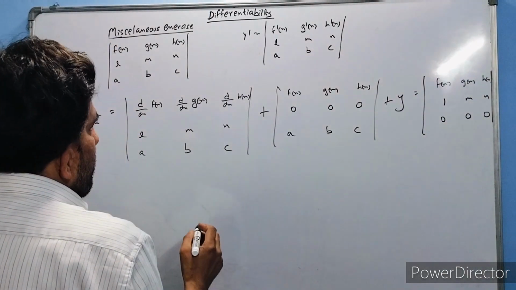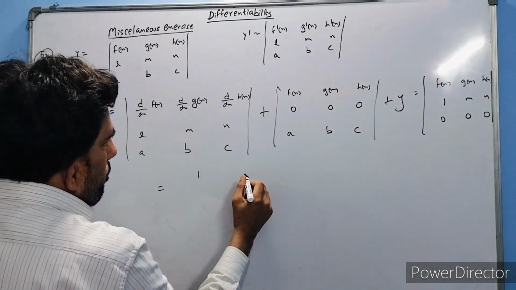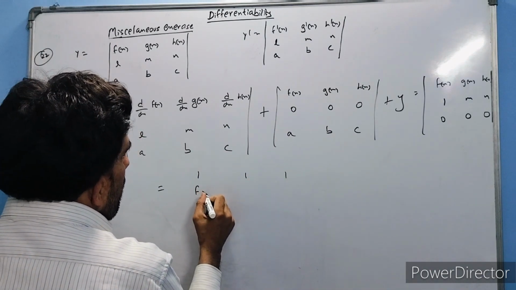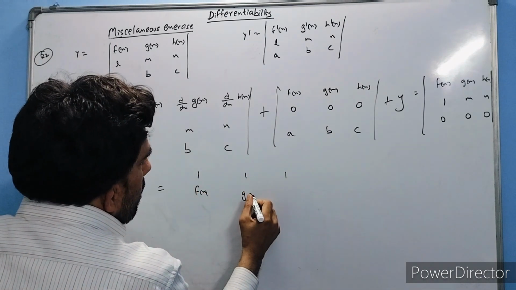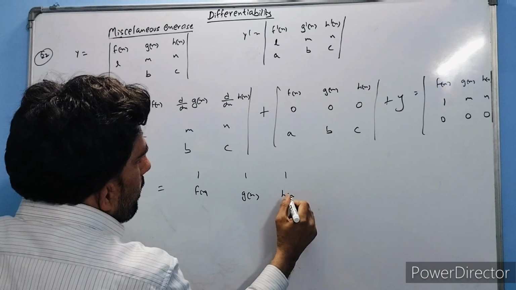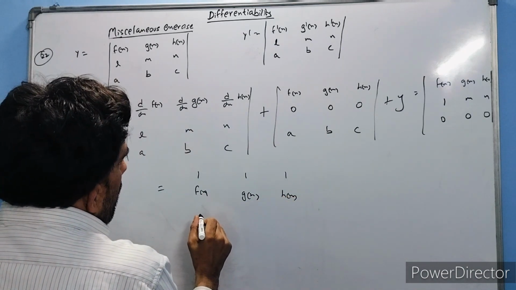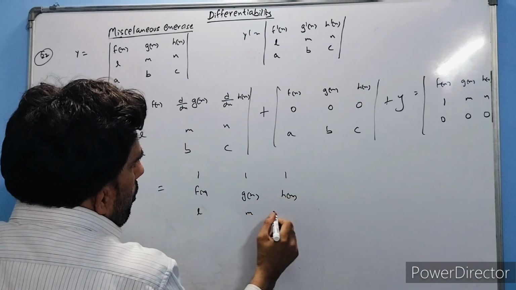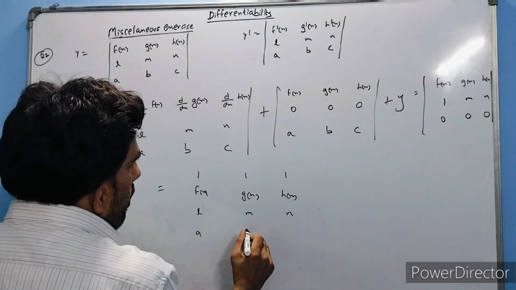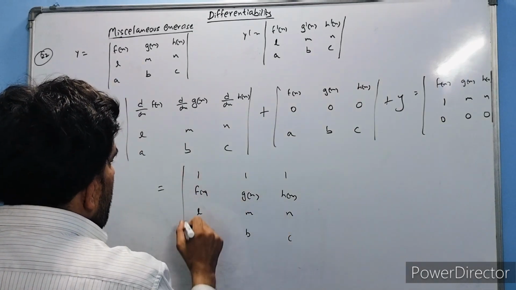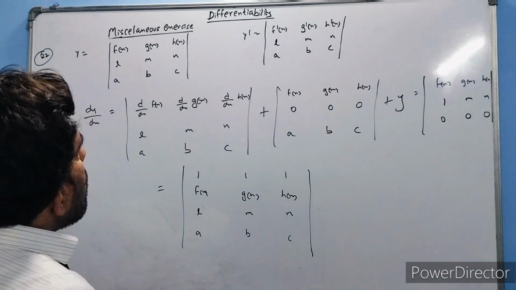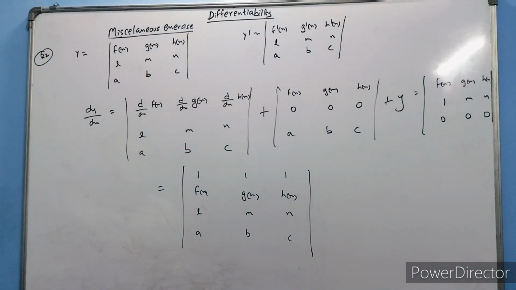So I can say it will be f dash, g dash, h dash with L, M, N, A, B, C. Okay, so that is how we try to differentiate this.